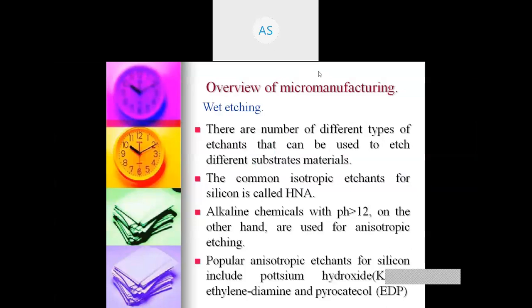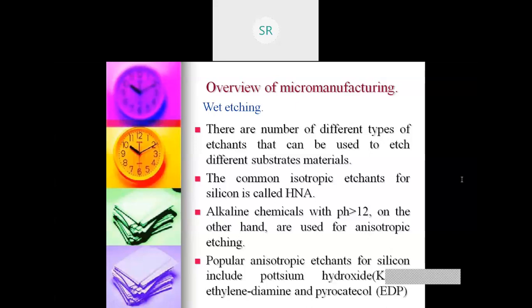In the last class, we have seen the concept of wet etching. Before coming to wet etching, we have seen the concept of bulk micro manufacturing. Bulk micro manufacturing, or micro machining, involves the removal of material from the substrate.